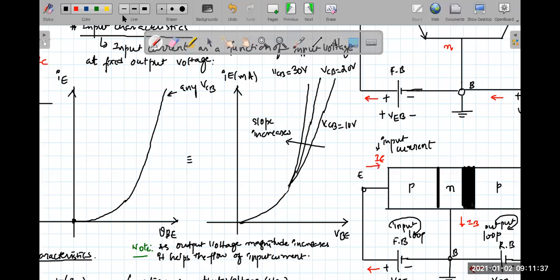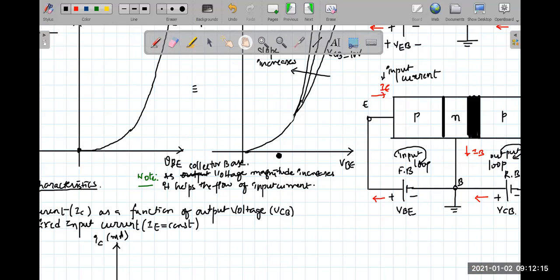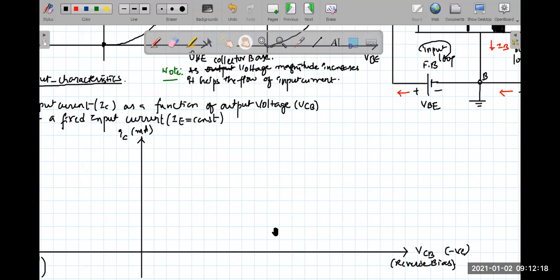The better way, because in the future we may be confused, is to say collector base voltage instead of output voltage. As the collector base voltage increases, that means as it becomes more and more reverse biased, it helps the flow of input current. Is it okay? Any confusion?